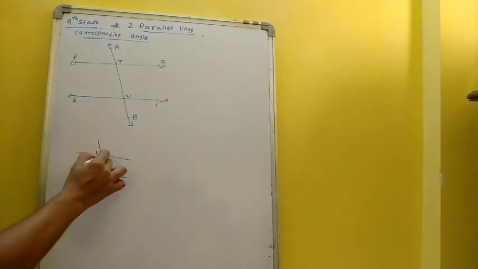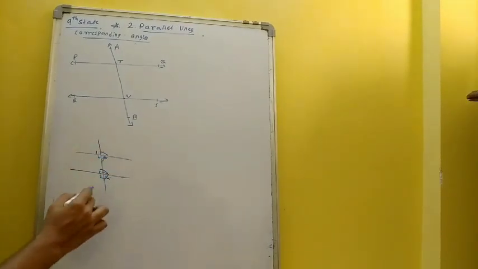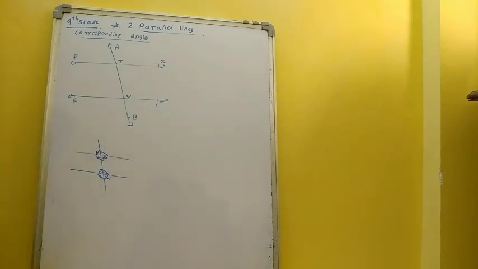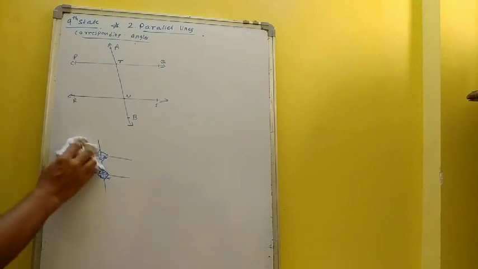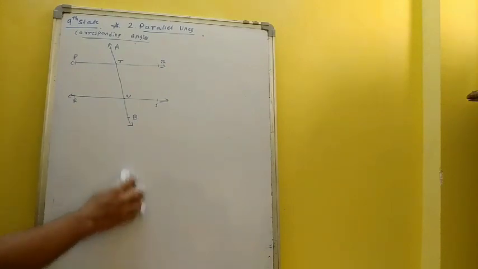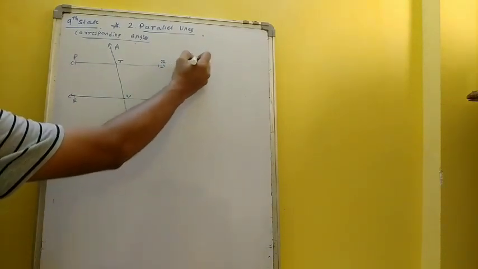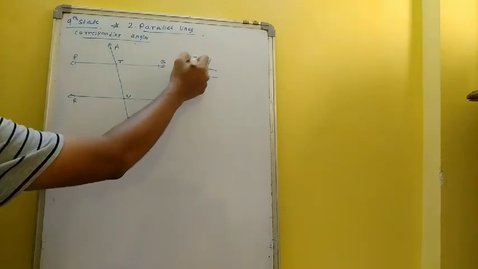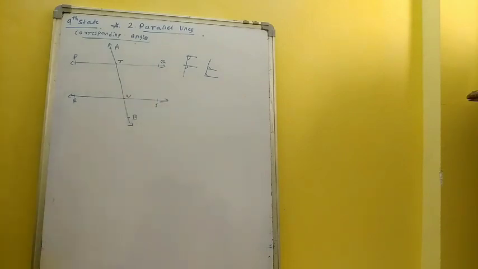So this angle and this angle, the above angle and above angle, the below angle and below angle, are congruent, or equal. We can also call it F or inverted F. So the angles below the line and above the line are the pair of corresponding angles.